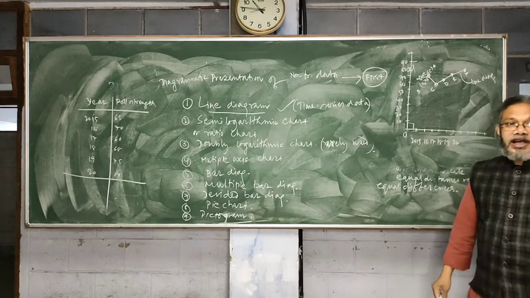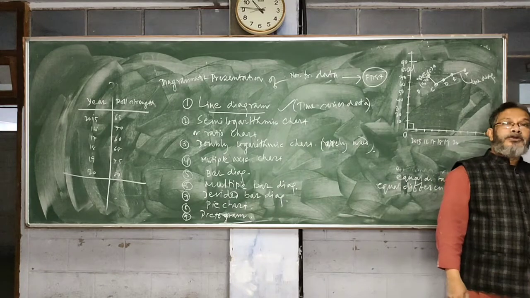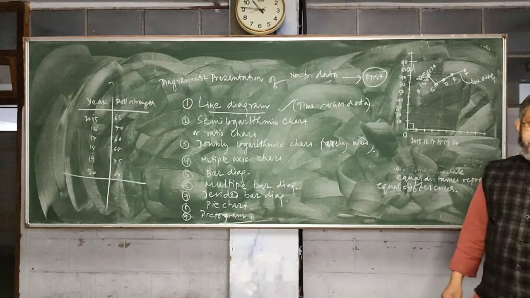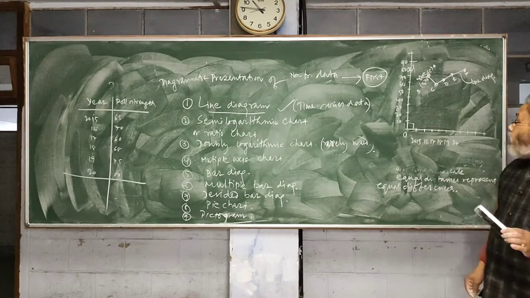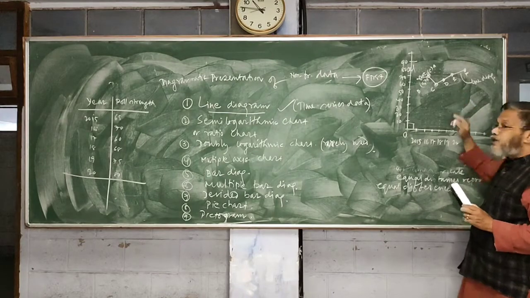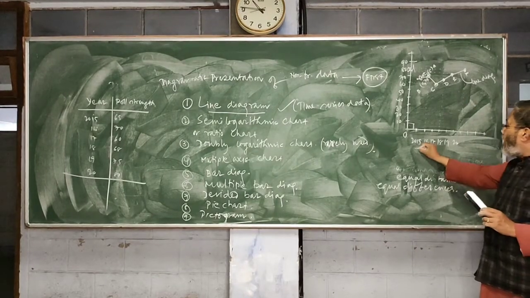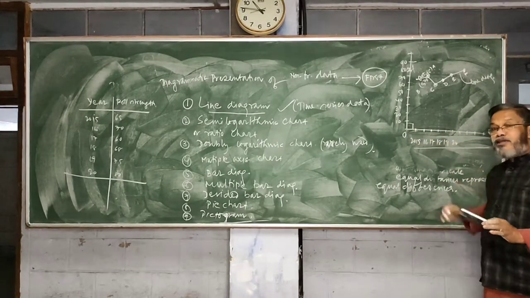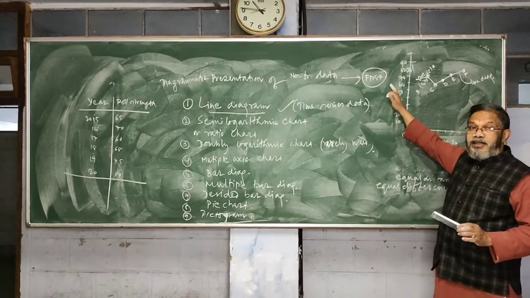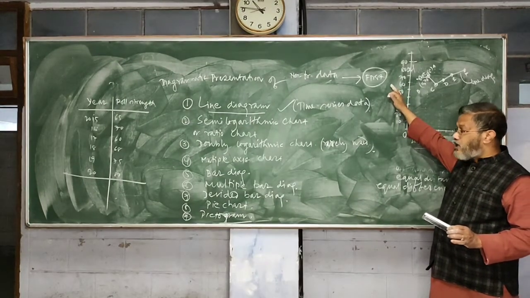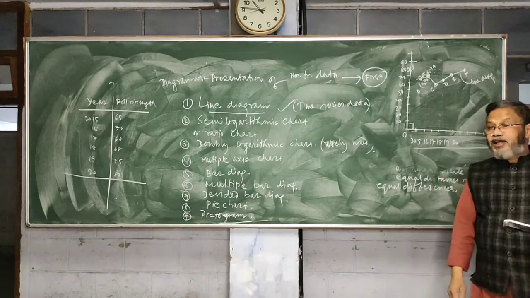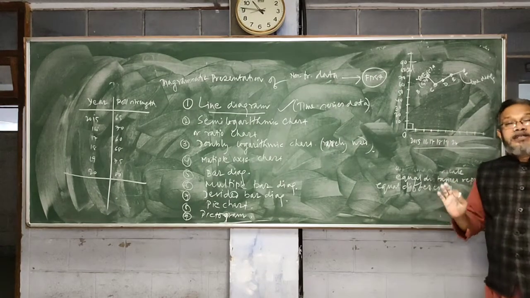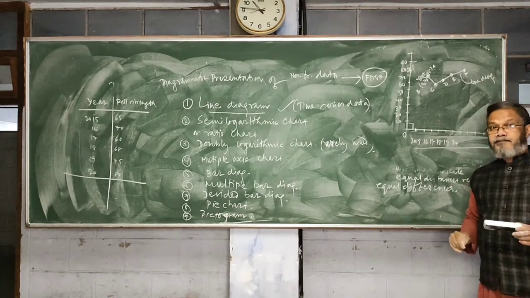This is the way we draw line diagram, called simple line diagram. Remember, when drawing this simple line diagram, we are taking arithmetic scale on the horizontal axis and also arithmetic scale on the vertical axis. Both the axes are arithmetic.